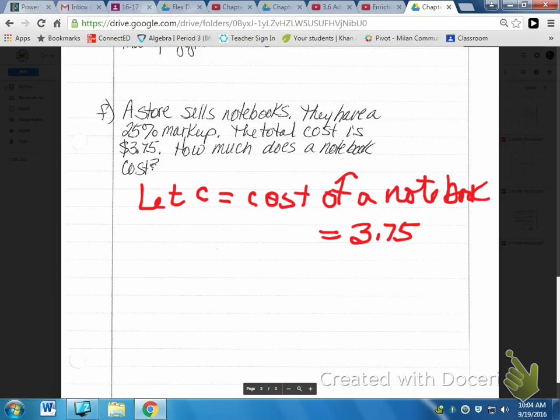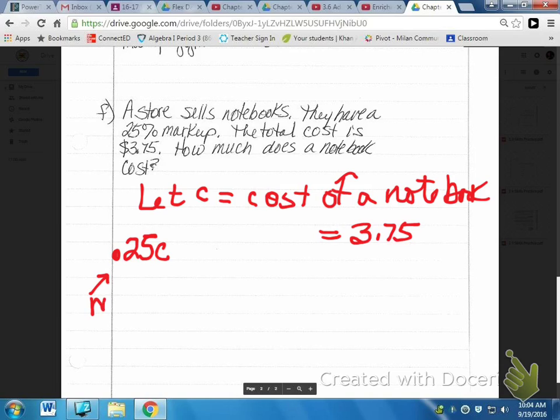So we talked about this a little bit last year. Markup: a store, when they sell something, they have to pay a cost for it. They decide how much profit they want. That's the markup. They add that percentage on. So the markup, being the percentage, is the percentage of the cost. So basically, 25% is written as 0.25, and you have to take that times the cost.